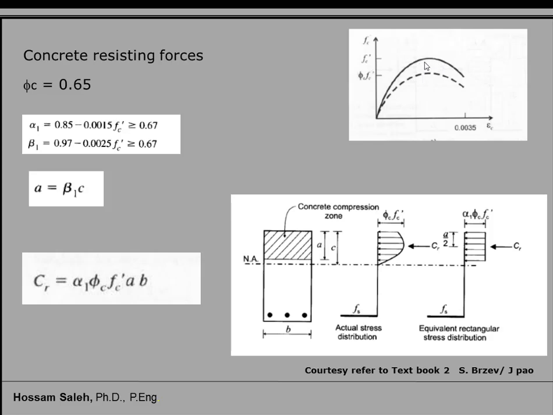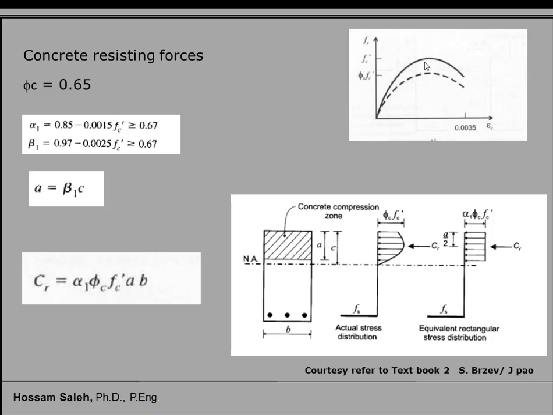But we know that when we pour the concrete in a formwork, we have different conditions on the site: the weather, the compaction, and the vibration. So many items can affect the final strength of the concrete. We might ask for F prime C equal to 35, but what we get on the site in the formwork might be less than that.